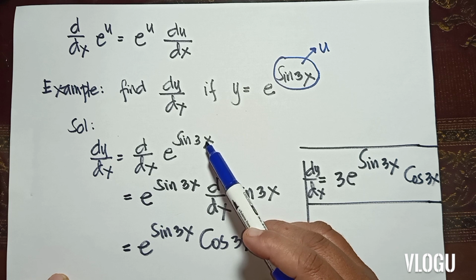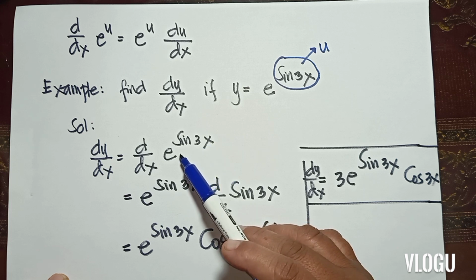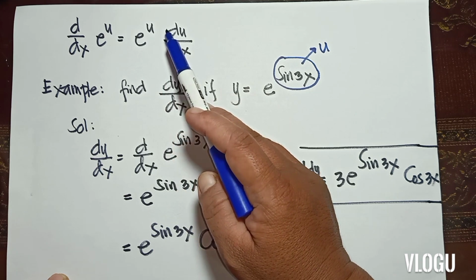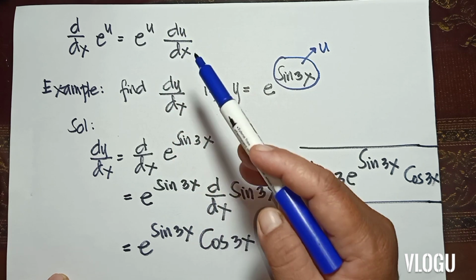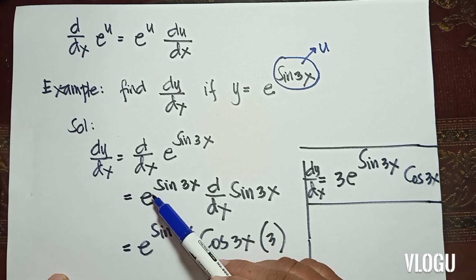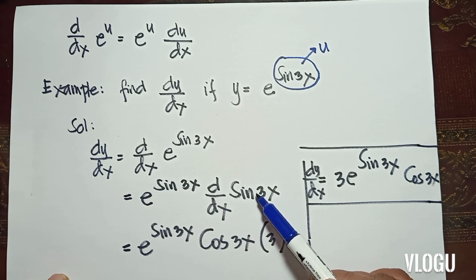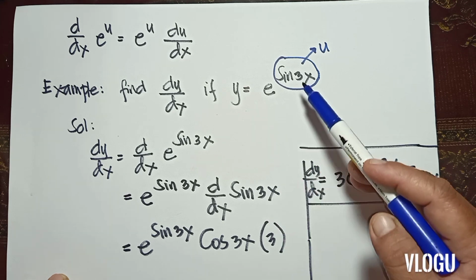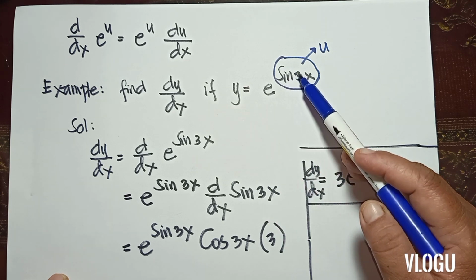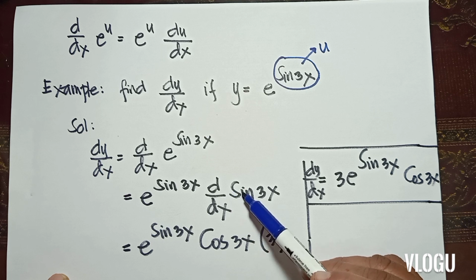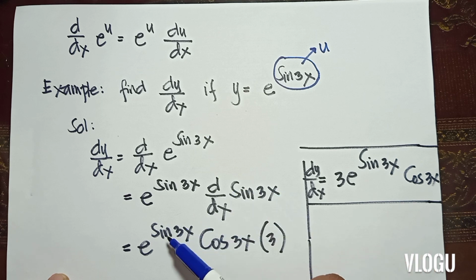From the formula, if we have a form of e to the u, we will have e to the u du dx. So we have e to the u, derivative of u, wherein our u is equivalent to sine 3x. That's the reason we'll have the derivative of sine 3x.